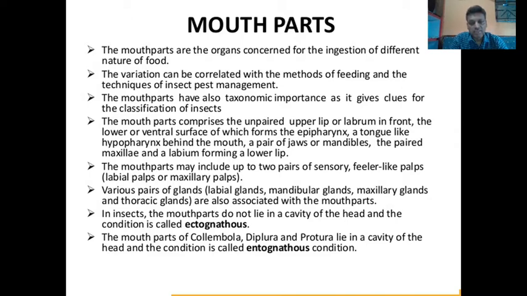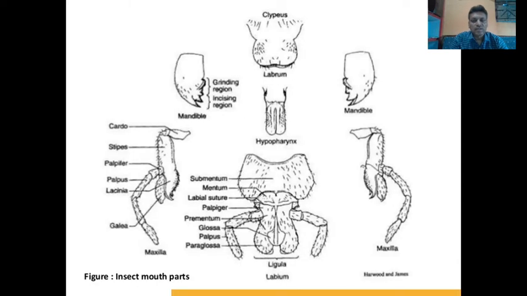If it is outside the cavity, it is called ectognathous, and if it is situated inside the cavity of the head, that is called the entognathous condition.